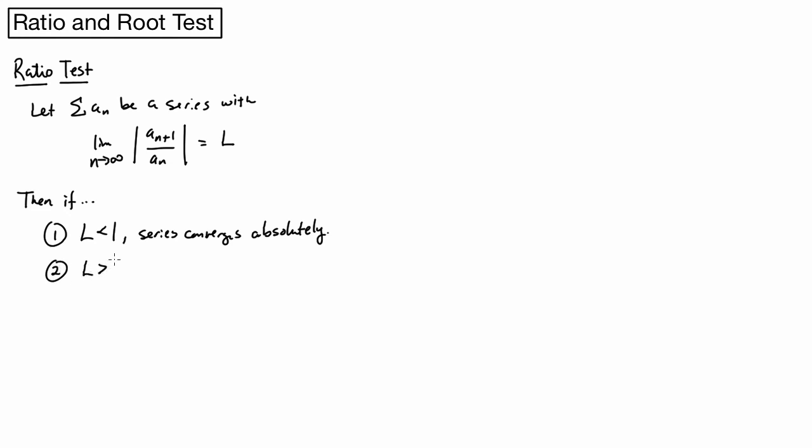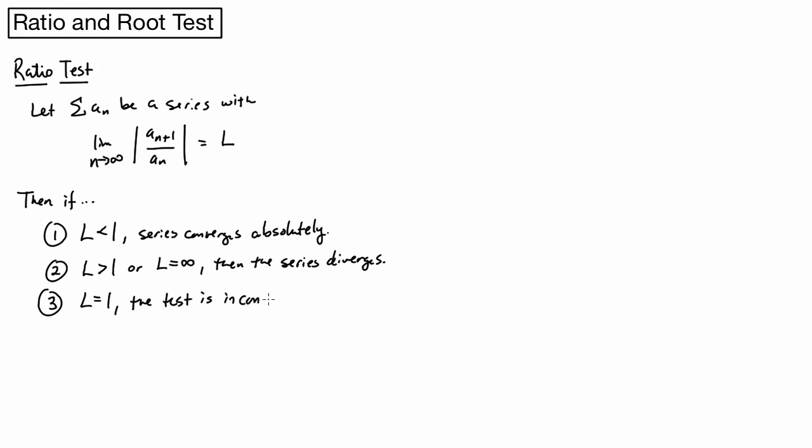If L is greater than 1, or L is equal to infinity, or the limit doesn't exist, then the series diverges. And finally, if that limit is equal to 1, then the test is inconclusive. It's not going to be able to tell me for certain whether the series converges or diverges.